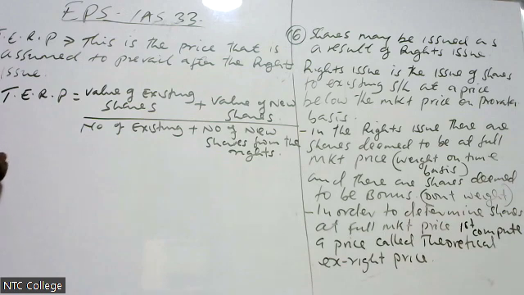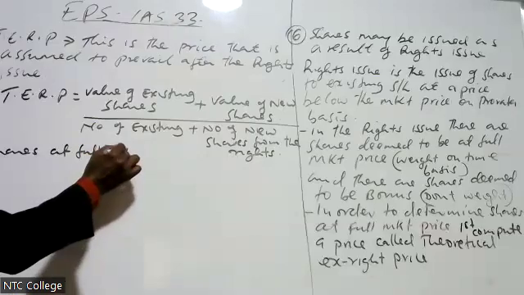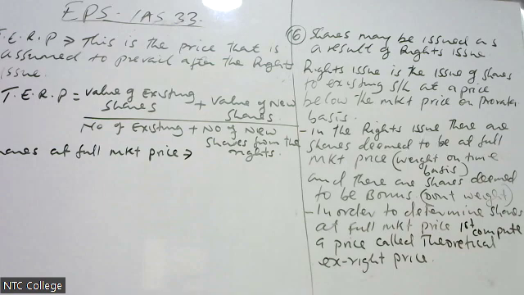Then, how do we get shares at full market price? You take the value of new shares and divide by the theoretical ex-rights price.